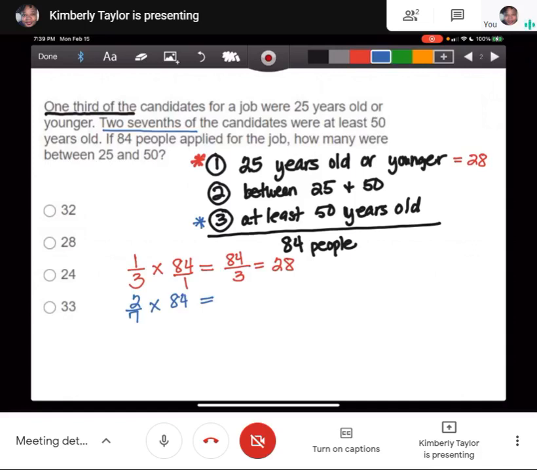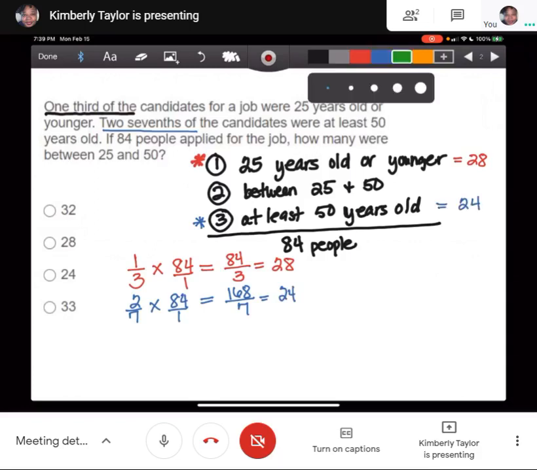So I'm going to again change this 84 to a fraction by making it 84 over 1. I can multiply 84 times 2. And when I do that, I get 168. And then 7 times 1 is 7. So again, we do division. And we get 24. So in this age group, there are 24 people.